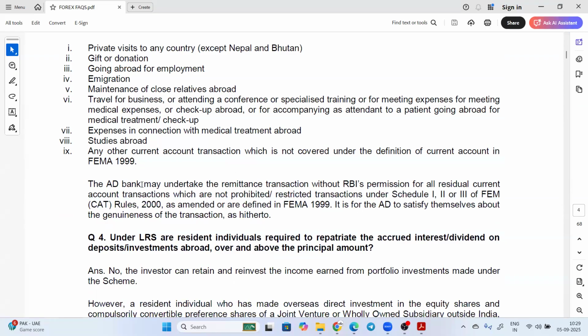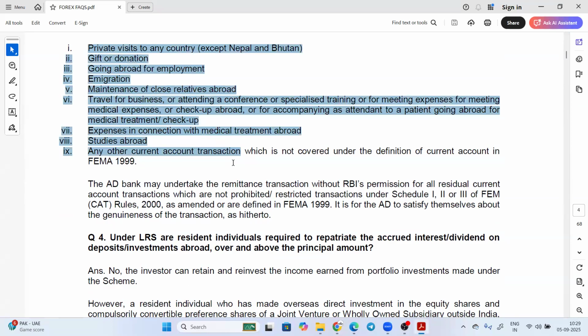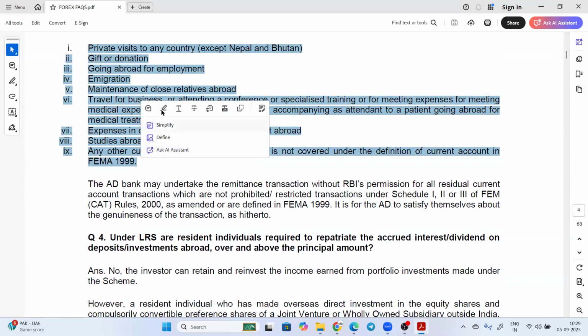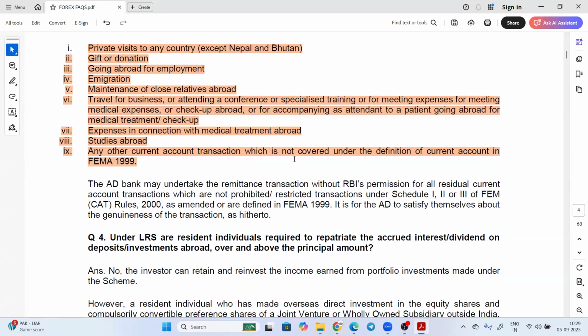Next, the AD bank may undertake the remittance transaction without RBI permission. You have to remember that for all these types of transactions, RBI permission is not required. So that can be done without RBI permission, if they are not prohibited or restricted under Schedules 1, 2, or 3 of the FEMCAT Rules 2000, as amended, or defined in FEMA 1999.